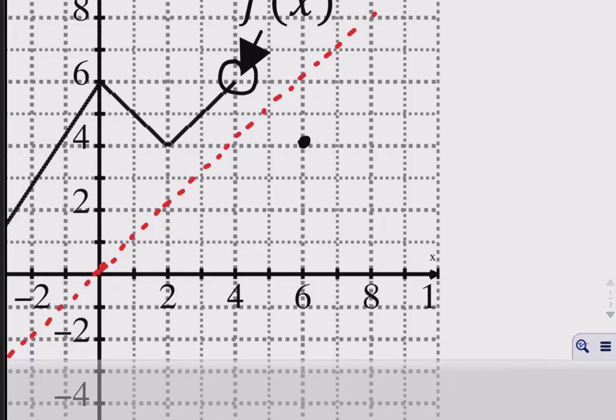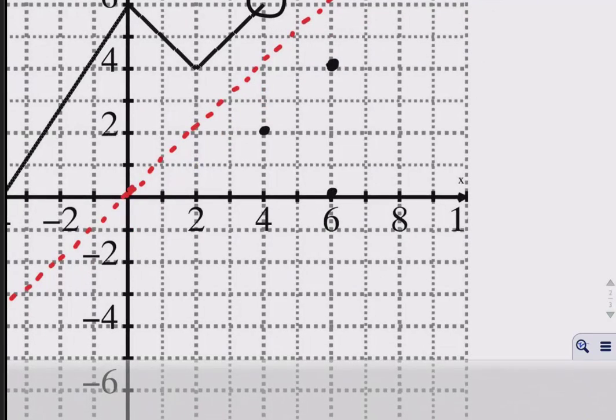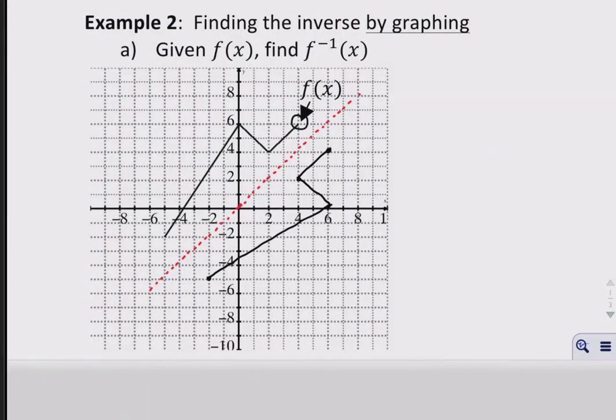The point 2, 4 becomes 4, 2. The point 0, 6 becomes 6, 0. And the point negative 5, negative 2 becomes negative 2 and negative 5. So what does my reflection look like? Well, this is where the artistic abilities of the student definitely come into play. Then we go here, then we go here. And that's it. You have a reflection in the line y equals x.